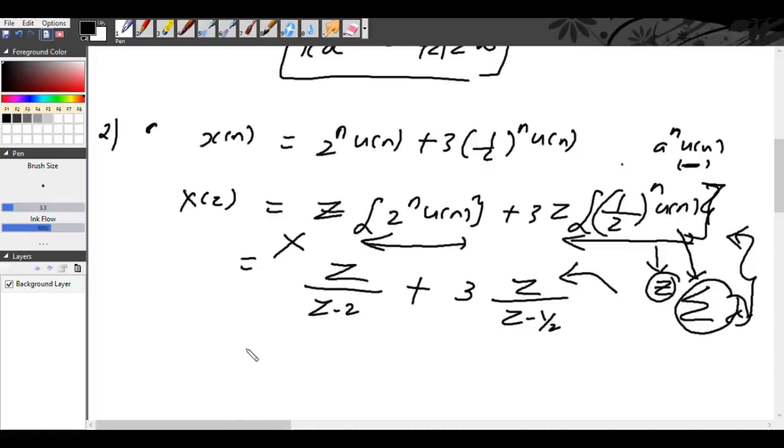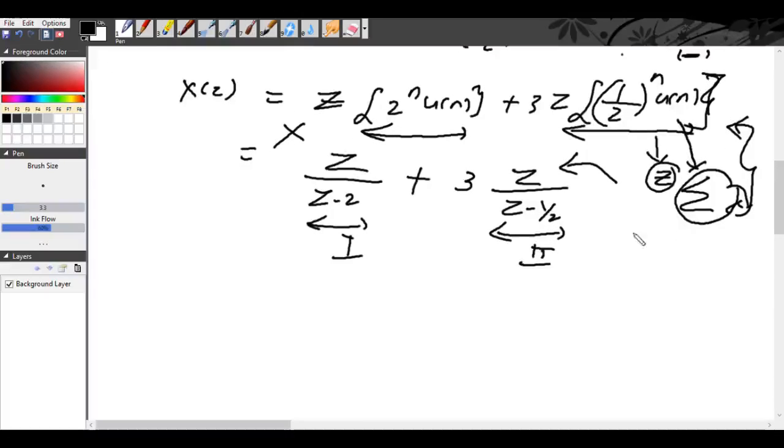So let's move on. This is the first term, z by z minus 2, and this one is 3 into z by z minus 1 by 2. So what will be the ROC of the first part and the ROC of the second part? ROC of the first part will be modulus of z greater than 2.